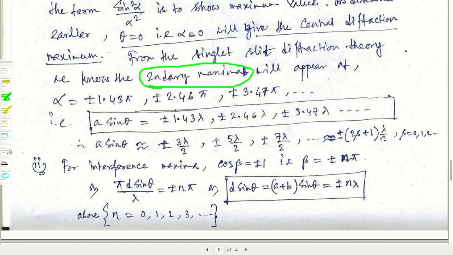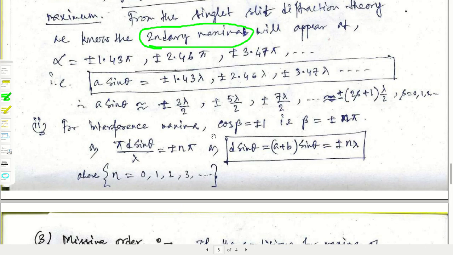So (2s plus 1) into pi by 2 is written because it is easy to remember these terms. 3 by 2 is easier to remember than 1.43, so I have written this, but my suggestion is to remember both the forms, whichever is convenient, you use them.